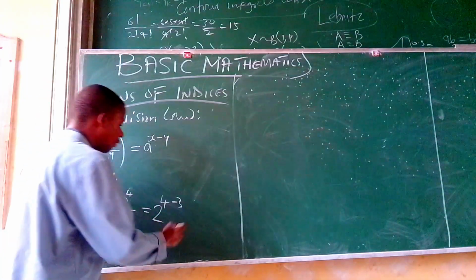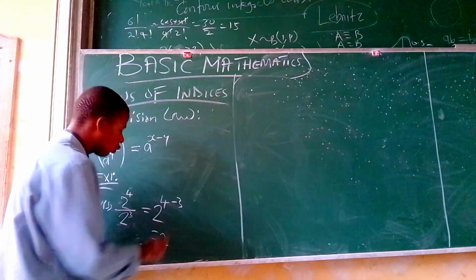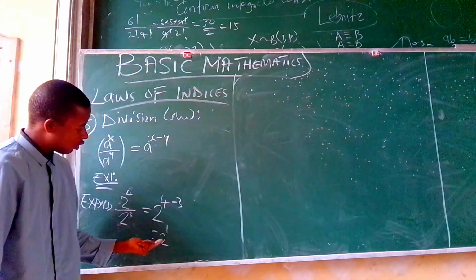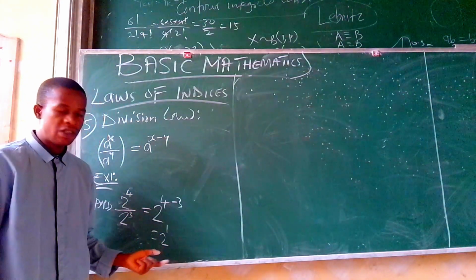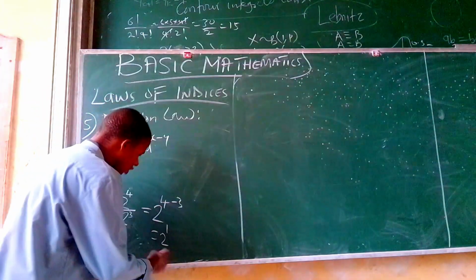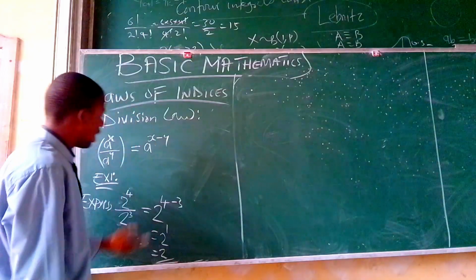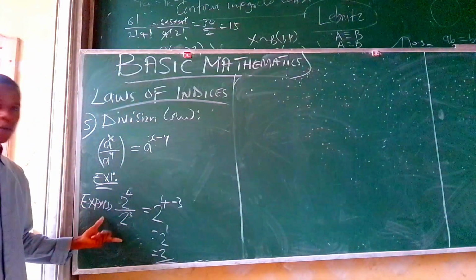Now we're going to have 2 raised to the power of 4 minus 3, which is 1. By law of indices, anything raised to the power of 1 is the same thing as that number, which is equal to 2. And this is the final answer when solving this kind of question.